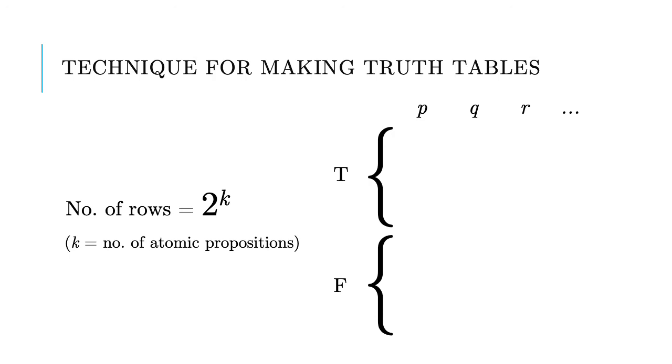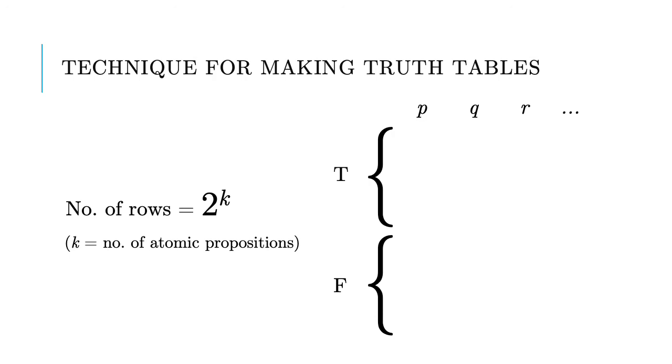You'll know that you're going to have 2 to the k rows because there will be 2 to the number of atomic proposition combinations that you need to account for. The way you can think of how that is true is that each proposition can have one of 2 values. Imagine a branching structure in which the first proposition can have the values either true and false.